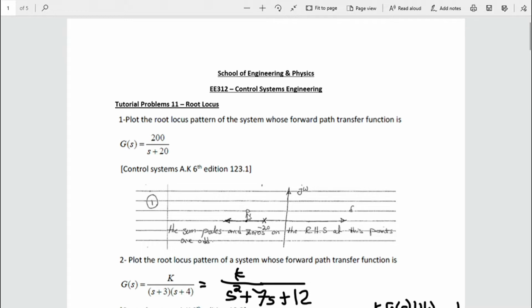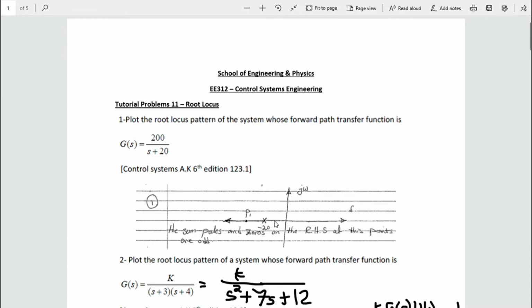So basically you need to tabulate your poles and zeros in descending order, going from right to left on the real axis. If your pole comes first, then your zero, and then maybe a pole, and then another pole and zero, just tabulate it in descending order as per its value.